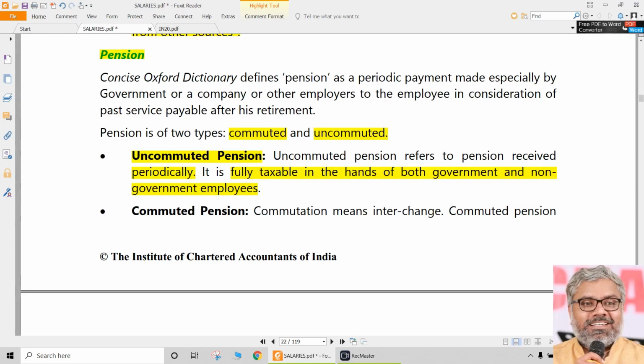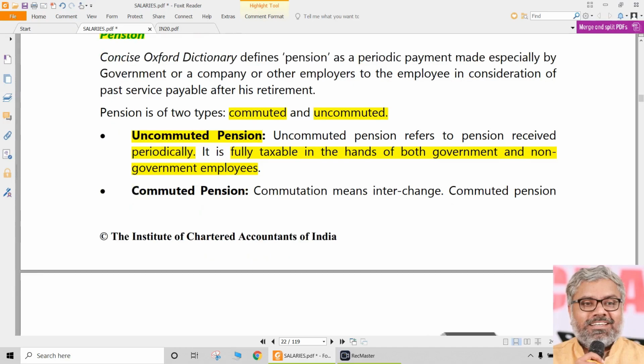For everybody, that means uncommuted pension is always taxable. That is the periodic payment that is received by the employee from the employer after the retirement. That is what normally pension means. In other words, if nothing is mentioned, just the word pension always indicates it is uncommuted pension.